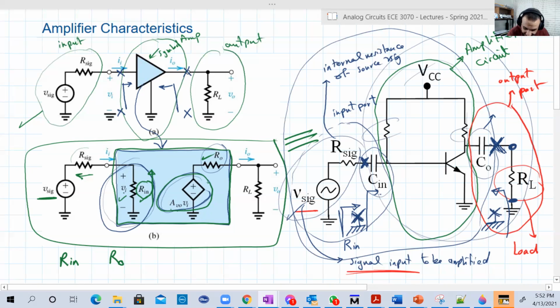Amplified by how much? By AVO, our third characteristic. AVO is an abbreviation for open loop voltage gain. And I'm going to explain what is open loop in a moment.